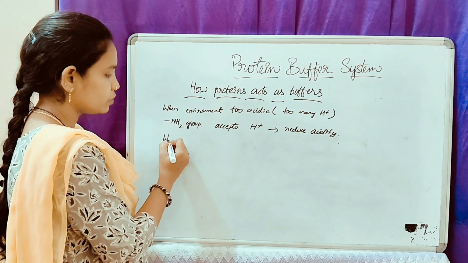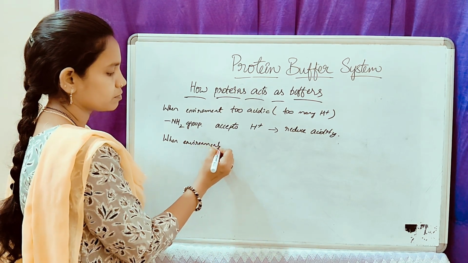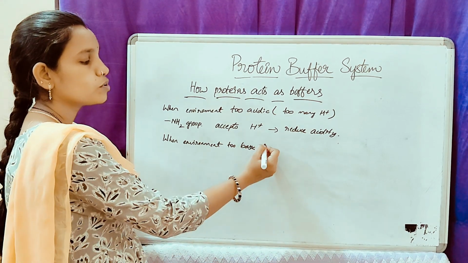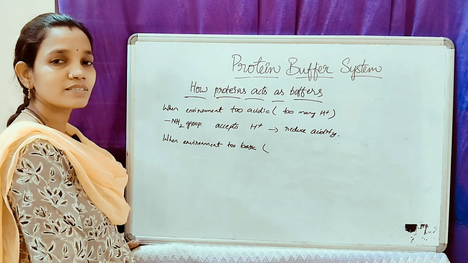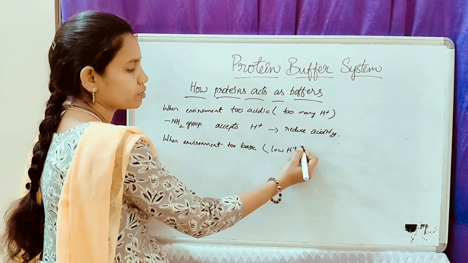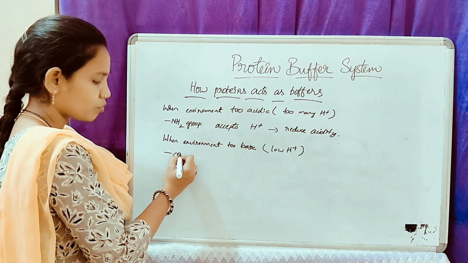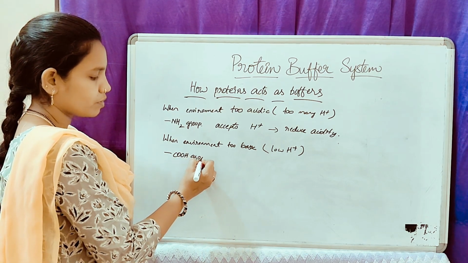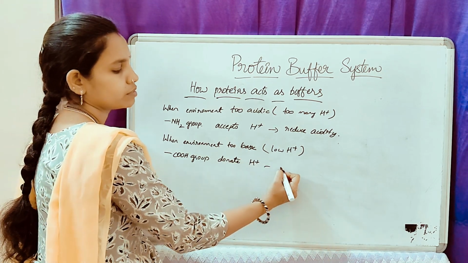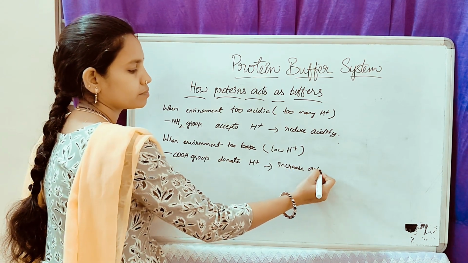When the environment is too basic. Basic means what is the volume of H plus ions? Whether they are in increased state or in decreased state? Very low H plus ions. So here protein side chains like carboxyl group will donate H plus ions to increase acidity.